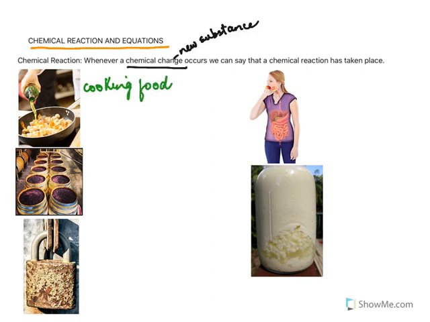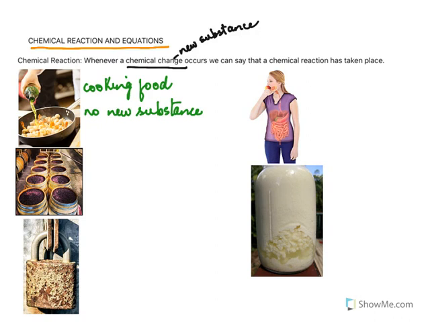Cooking of food is a chemical change because the taste of raw food is so different from the taste of cooked food. So a new substance is formed during cooking of food, so we call it a chemical change.